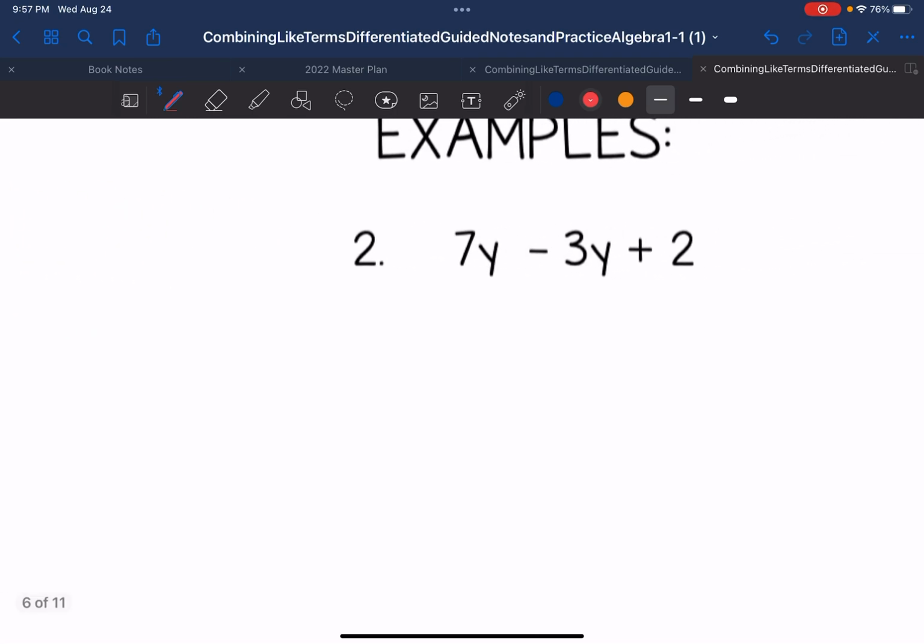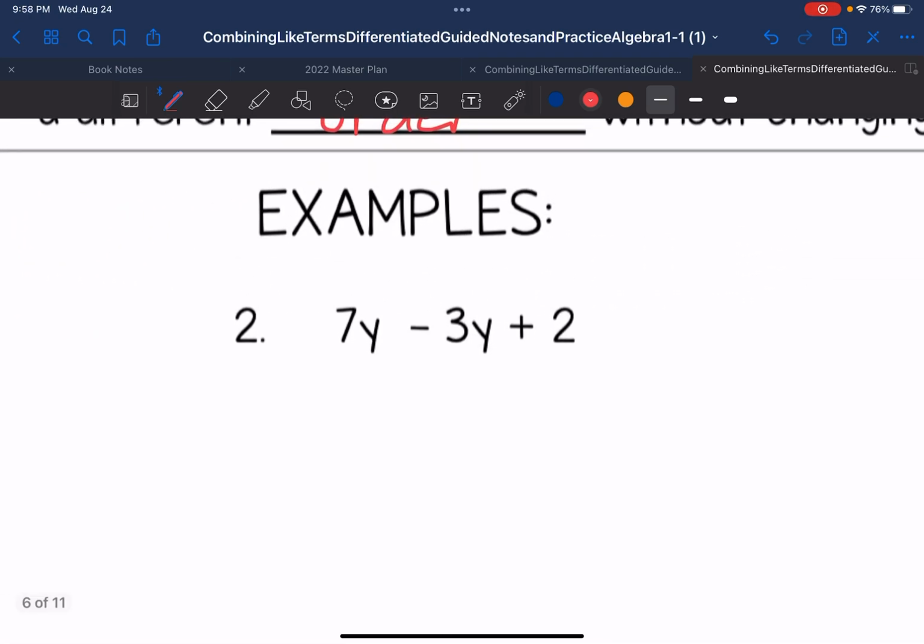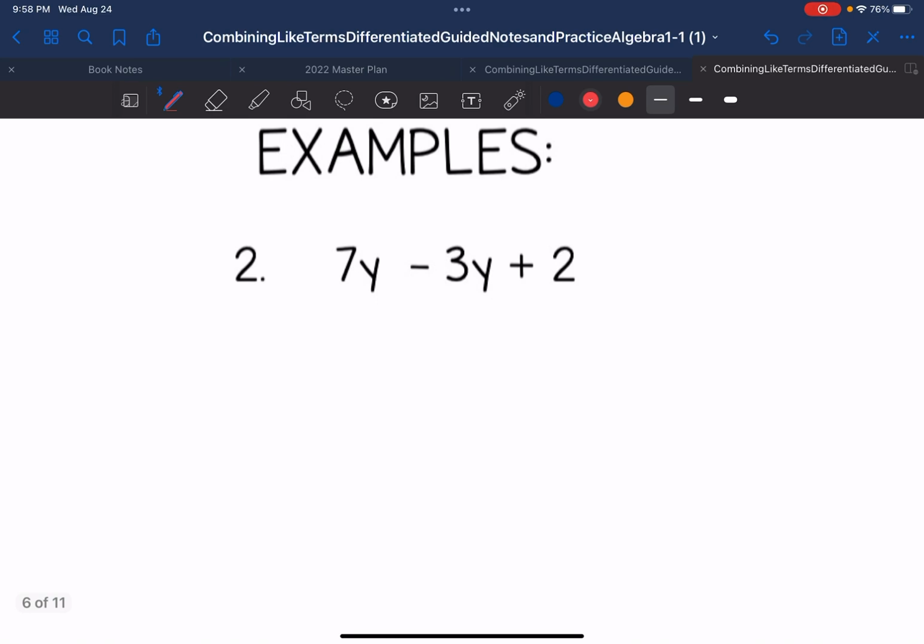All right, let's look at another example. Do you see here any matches? Anything that can be combined and anything that can't? If you said 7y minus 3y can be combined, you would be correct because we have the same variable here, the same variable here. Notice there is nothing here.